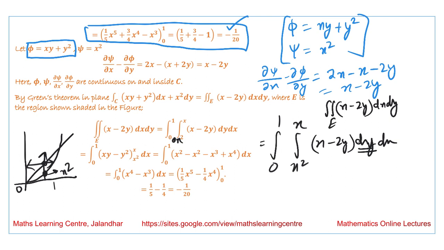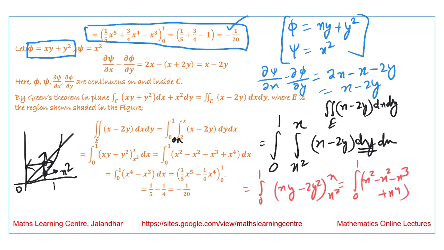Integrating this value, we obtain the integration from 0 to 1 of (xy minus y square), with limits x square to x. The answer is the integration from 0 to 1 of (x square minus x cube plus x to the power 4) dx, which is the integration from 0 to 1 of (x raised to the power 4 minus x raised to the power 3) dx.